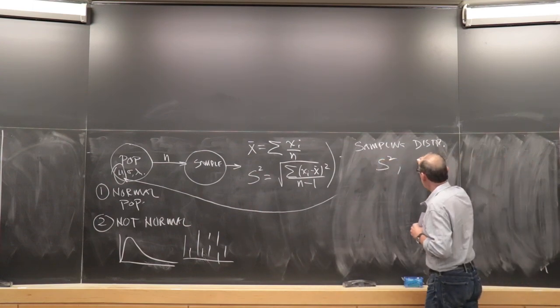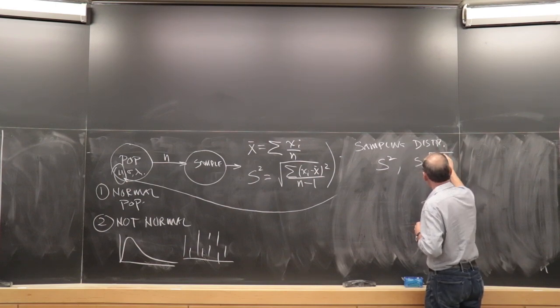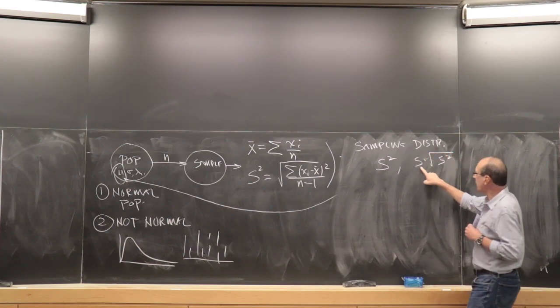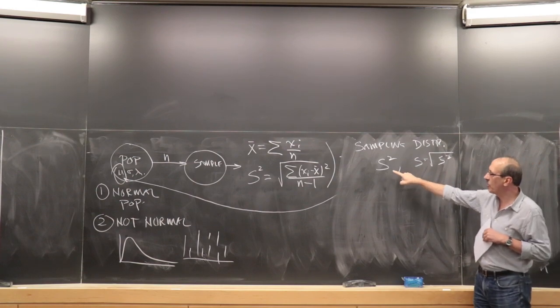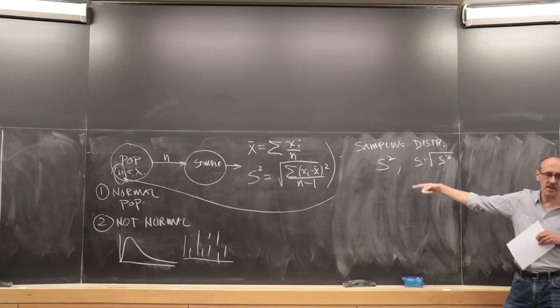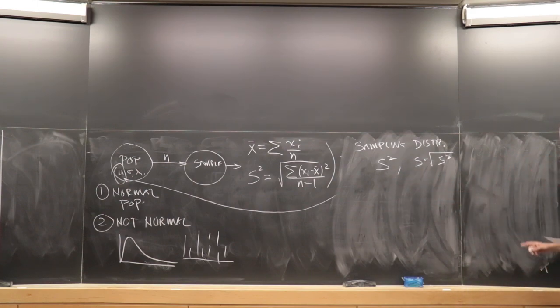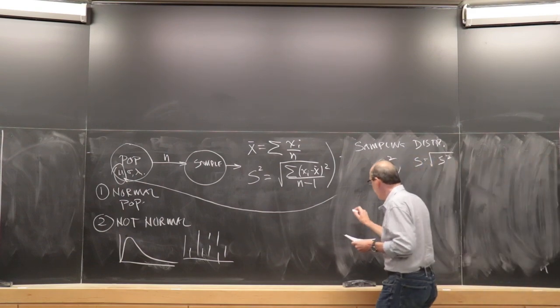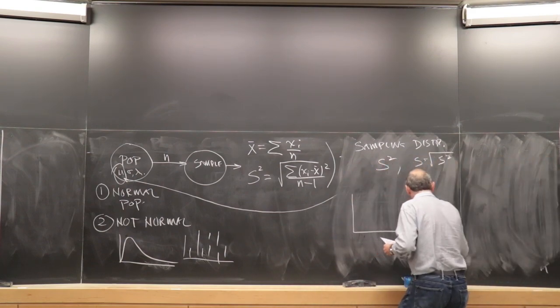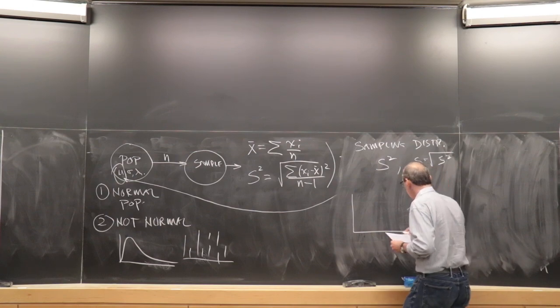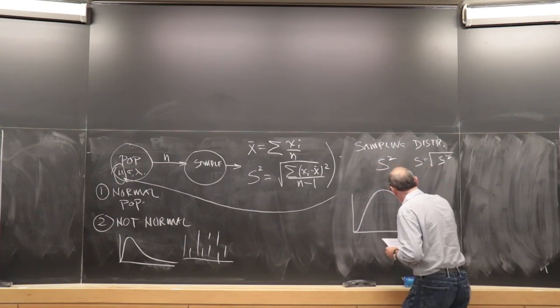And the sample standard deviation is just the square root of that. This is the useful number usually, but we work in terms of S squared because we work in terms of chi-squared. So what does the sampling distribution for this look like? It's chi-squared, and it usually looks something like this.